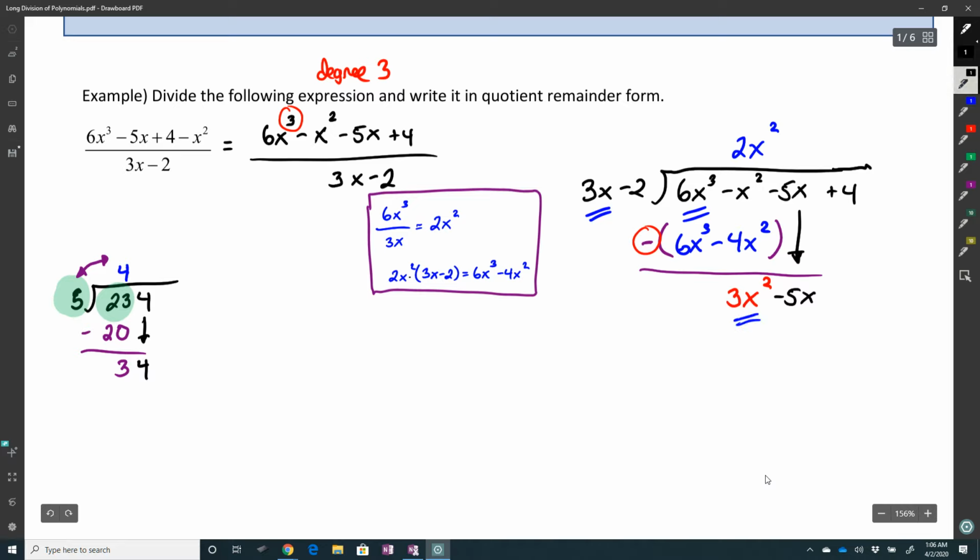So I'm going to be doing 3x squared over 3x. And x's cancel, so there's one x left. And the 3's cancel, so that's just x. The answer you get goes on top. Plus x.